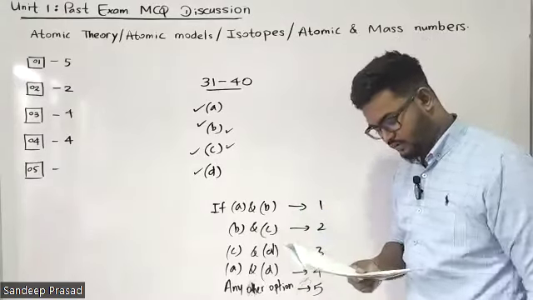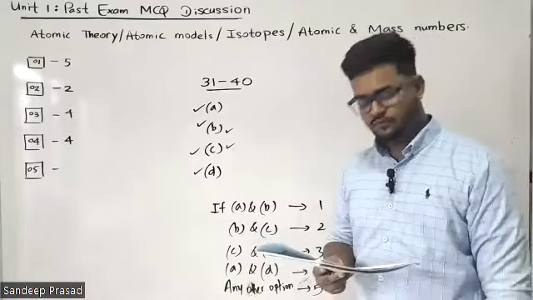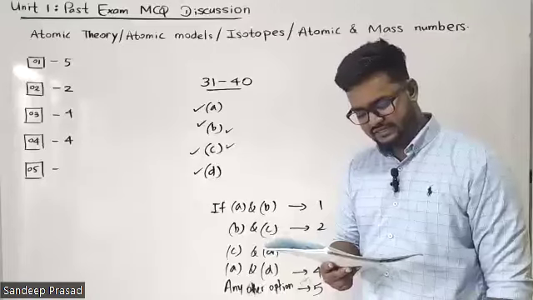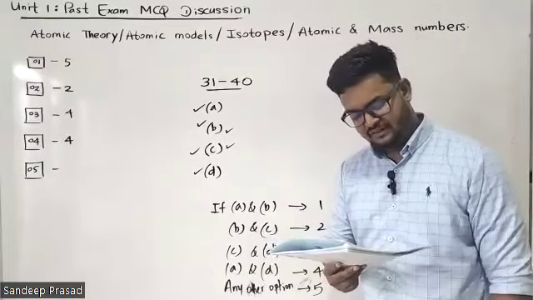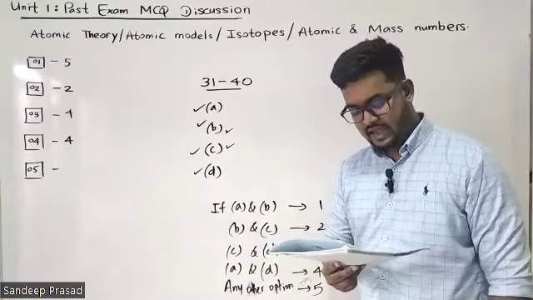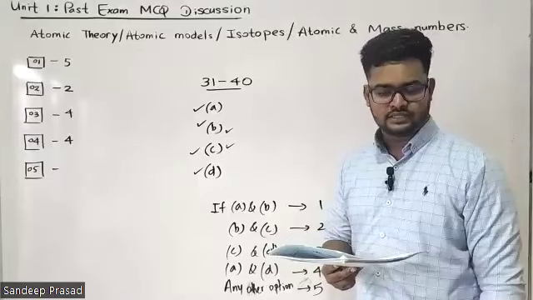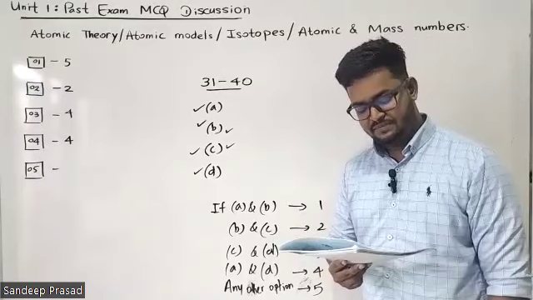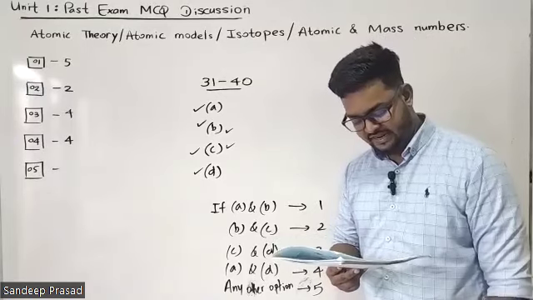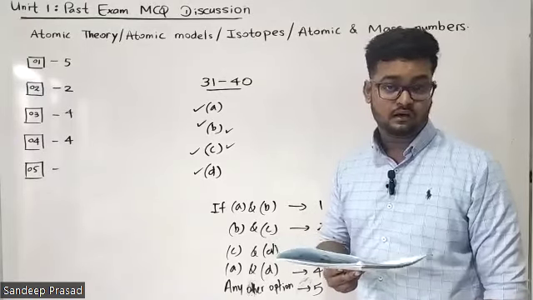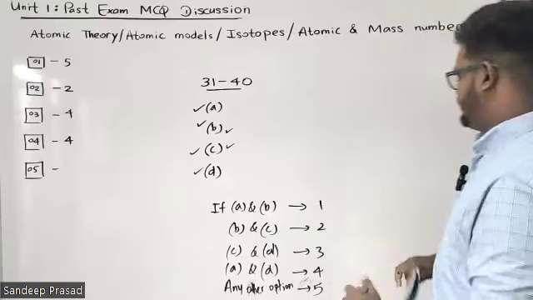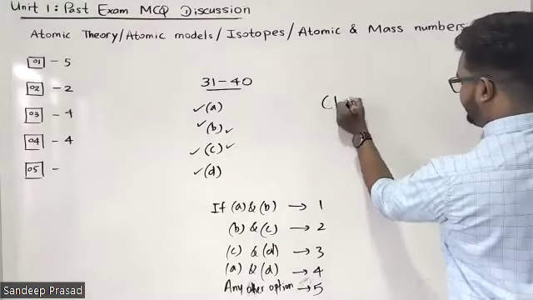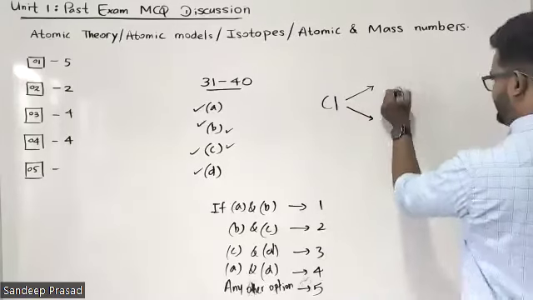A sample of chlorine has a mixture of isotopes with mass numbers 35 and 37. The atomic number is 17 and the relative atomic mass of chlorine is 35.5. The conclusion or conclusions that can be made using the data given above are... Look at this one. We have discussed isotopes. Remember students, chlorine forms 2 types of isotopes mainly.